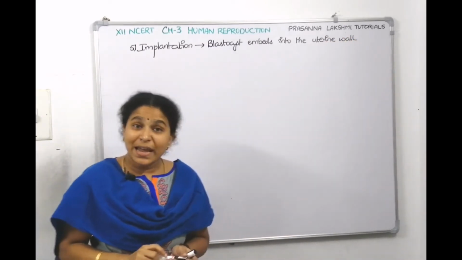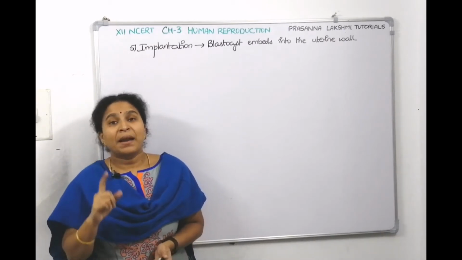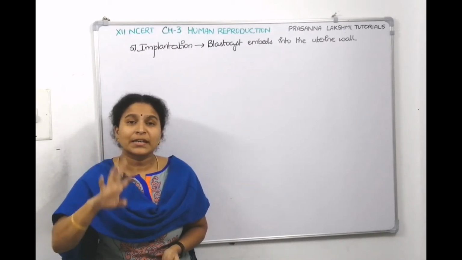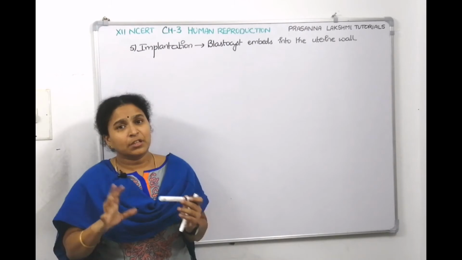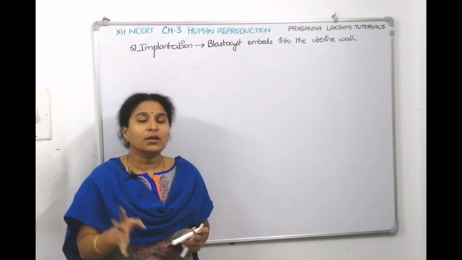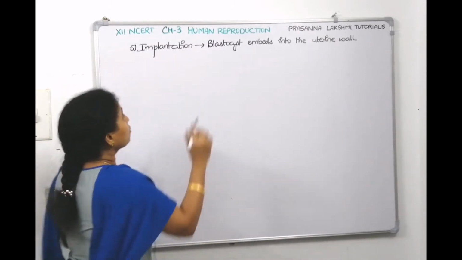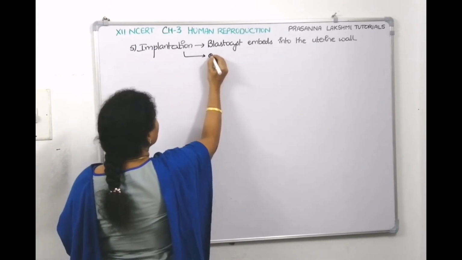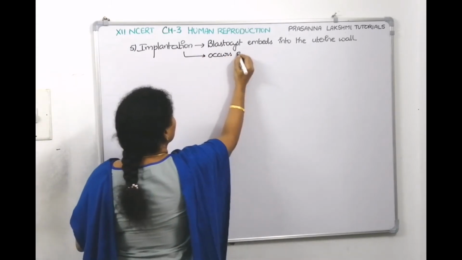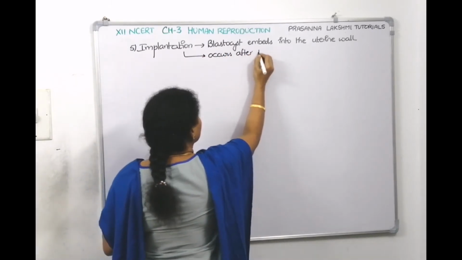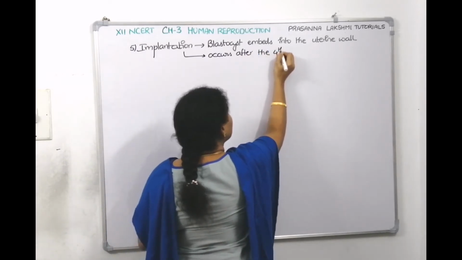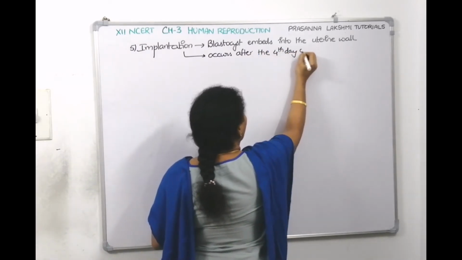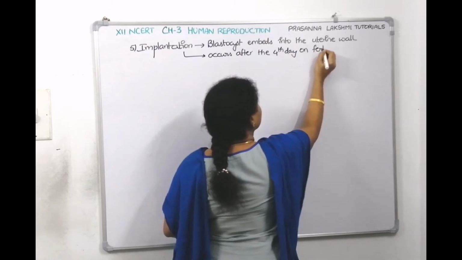Now, on which day will the implantation happen? Implantation will happen on the 4th day after fertilization. After the zygote is formed, it takes 4 days to get implanted, right? So we will just write down, implantation occurs after the 4th day of fertilization.